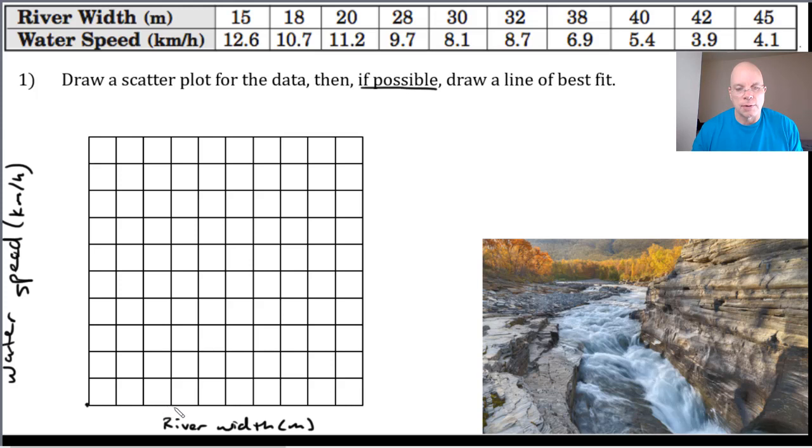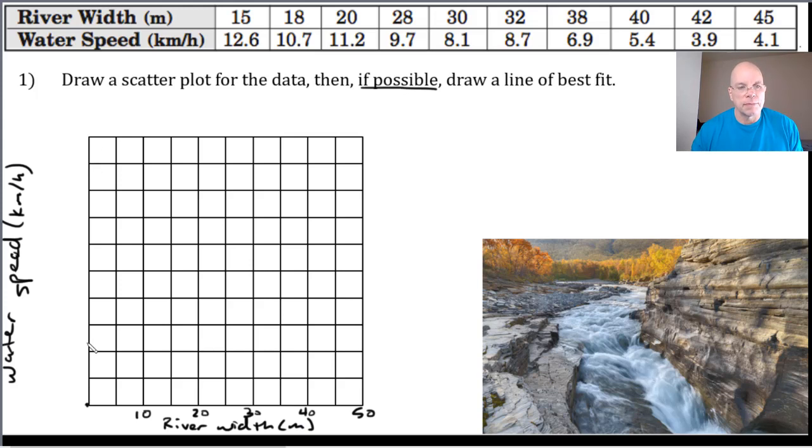I have 1, 2, 3, 4, 5, 6, 7, 8, 9, 10 vertical lines, and my data goes up to 45. So I'm just going to make each one 5. But in order to not clutter my labels, I'm going to show every 10. So this is 10, 20, 30, 40, and 50 meters. The units are already in the axis label.